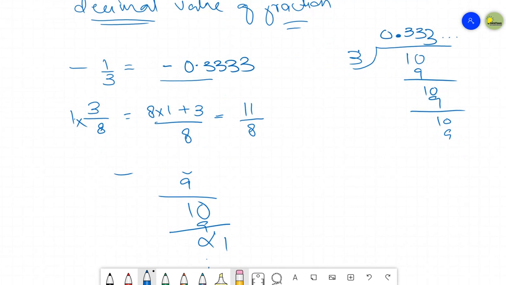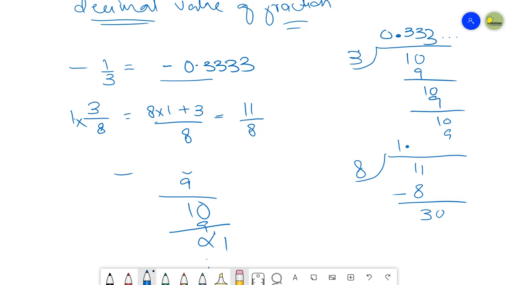Let's divide and find out its decimal value. So this is 11 divided by 8. We know that 8 ones are 8, right? 3 is left. Subtract: 11 minus 8 is 3. Then 3 is a smaller value than 8. We have to add a 0 to it. So this is my decimal point. By adding a decimal point to my answer, I can add a 0 like this.